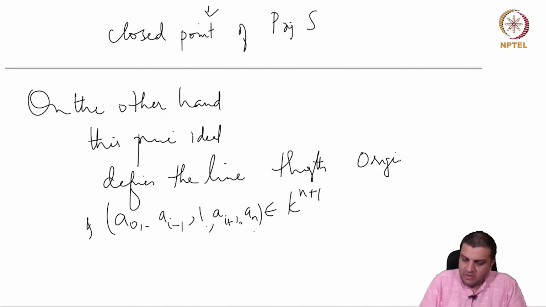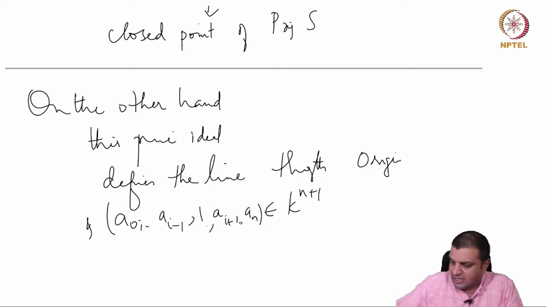It is the line through this point, and this says that the slopes are correct. X0 is a0 times xi, and so on; xj is aj times xi for j different from i. So it corresponds to the line through the origin and this point inside K^(n+1).